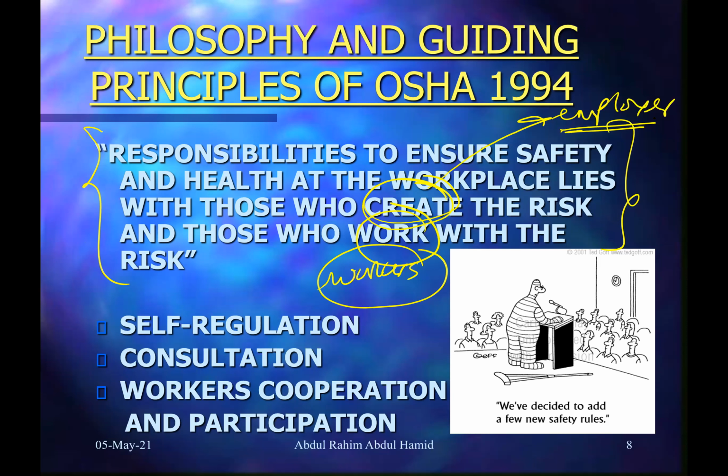If we take a look at the non-compliant cases, the one that the authority will mostly chase after is the employer. They are the ones that will have to pay the maximum fine. But we as workers do have a responsibility to play.